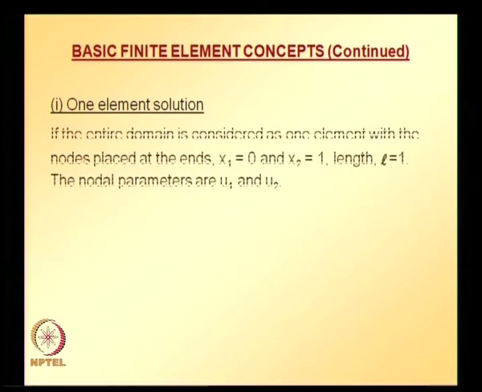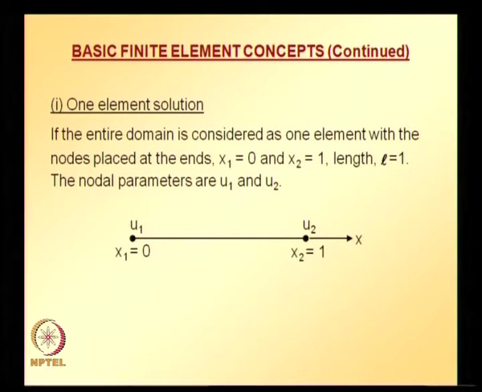So, before we proceed further, we need to decide how many elements you want for this solution domain. Let us try using one element, that is, we will take only a single element over the entire domain. The first node coincides with x equal to 0 and the second node coincides with x equal to 1.